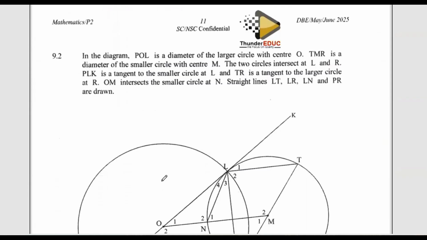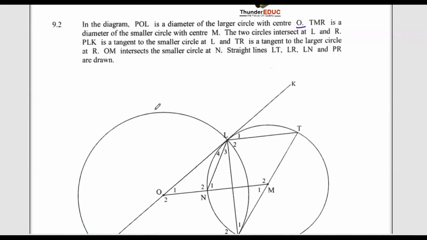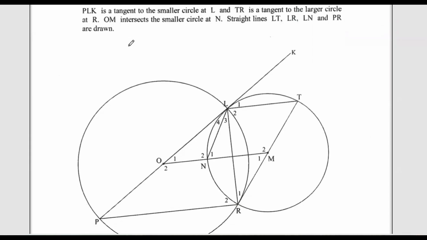Okay, the diagram: POL is a diameter of a larger circle with center O. TMR is the diameter of the smaller circle with center M. The two circles intersect at L and R. PLK is a tangent to the smaller circle, and TR is a tangent to the larger circle.